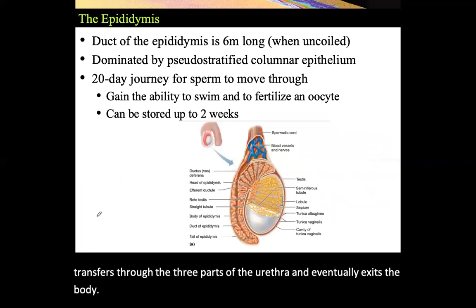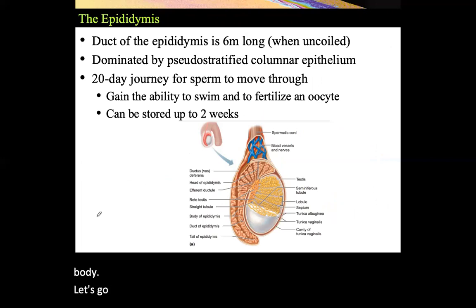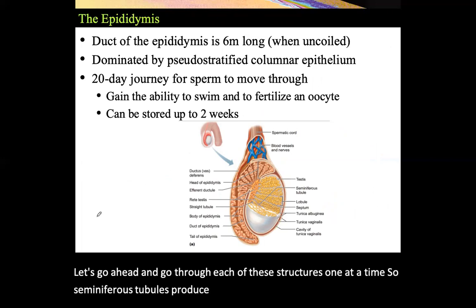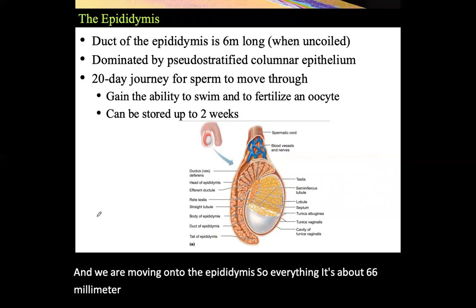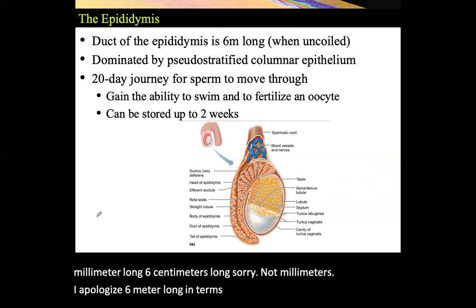So let's go ahead and go through each of these structures one at a time. Seminiferous tubules produce the sperm, and we are moving on to the epididymis. The epididymis is about 6 centimeters long, sorry, not centimeters, I apologize, 6 meters long in terms of the coils, the tubes that are present inside the epididymis.